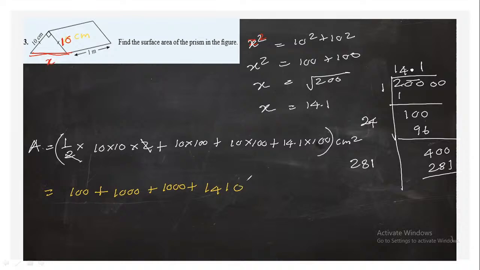Altogether 100 and 410 is 510, then 1,000, 1,000, 1,000, 3,000. So 3,510 square centimeter.